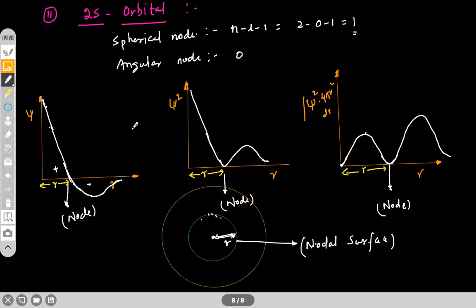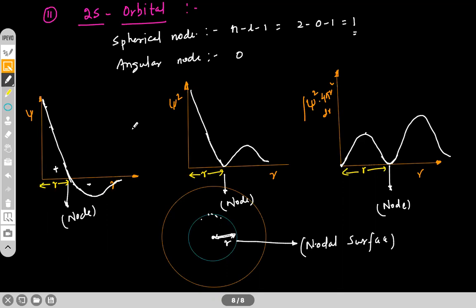And the number of peaks in the graph is 1 more than the number of nodes. This is the thing you must keep in mind.